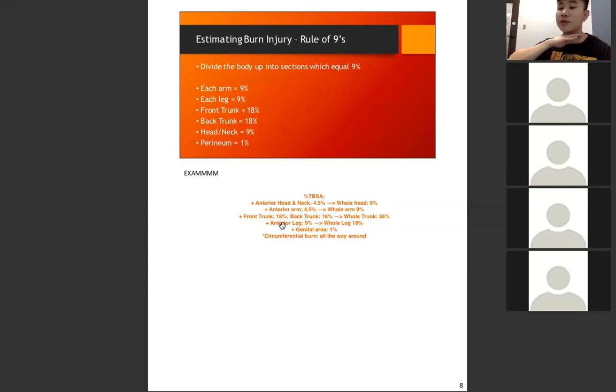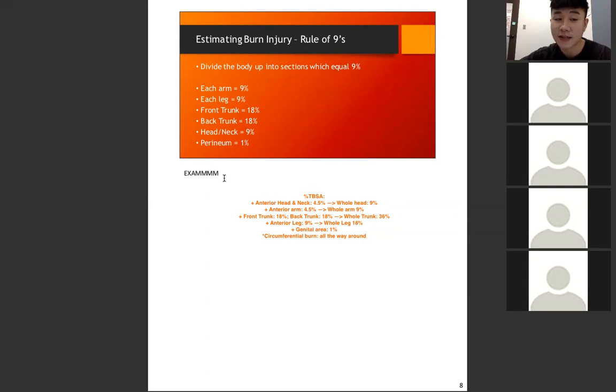Front trunk, which is from the neck to the belly, would be 18%, and the back trunk will be 18%. So the whole trunk is 36%. Anterior leg, the front of the leg, will be 9%. So the whole leg will be 18%, and the genital area is 1%. And again, circumferential burn is all the way around.